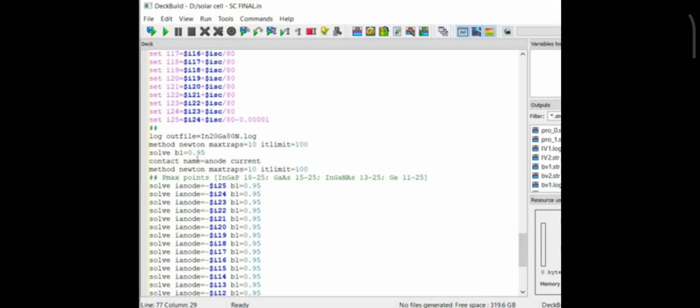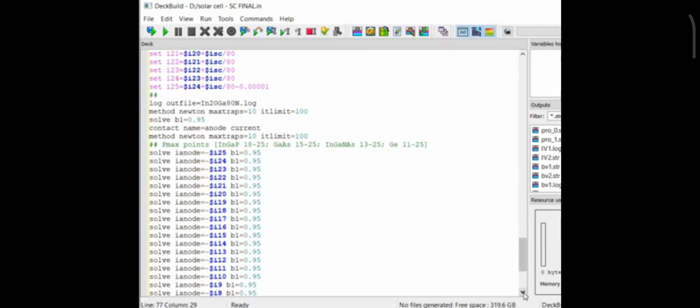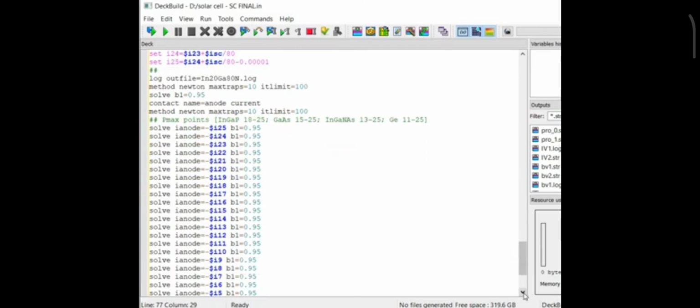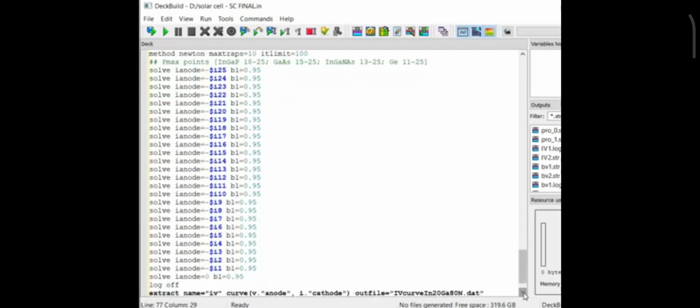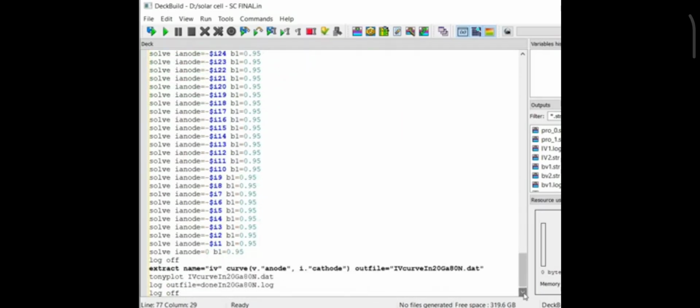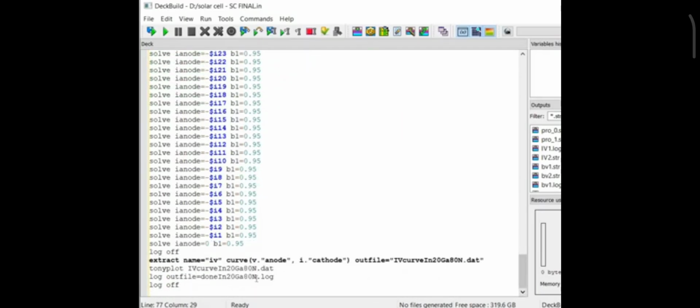I run the program for beam 1 at 0.95 intensity, contact name anode, current, method. This is the solve statement for the different node points. Now you have to extract the log file. When you run this program, you will get the structure file and log file.